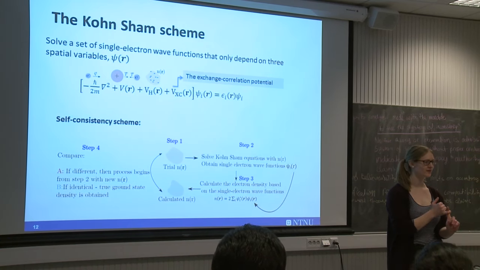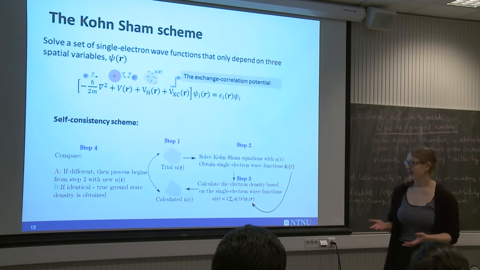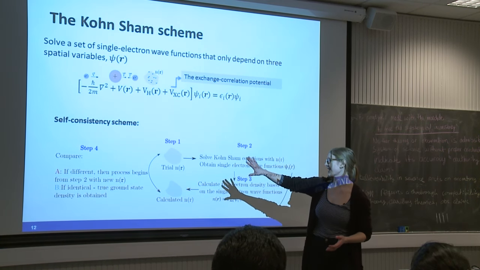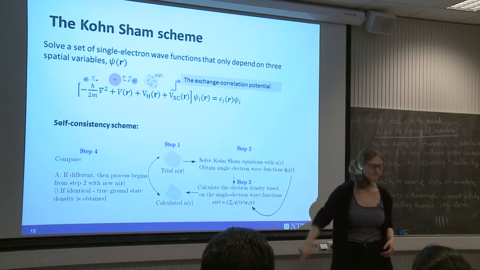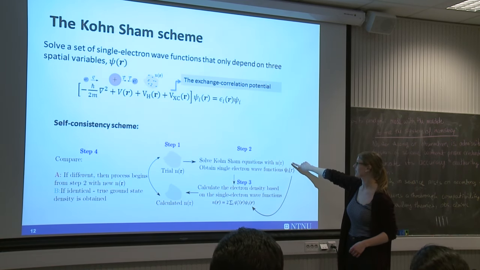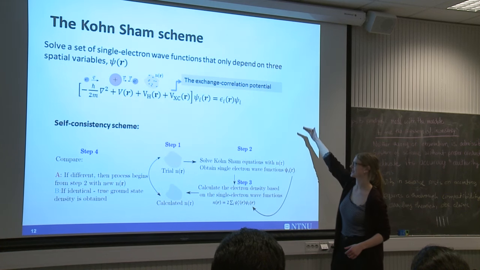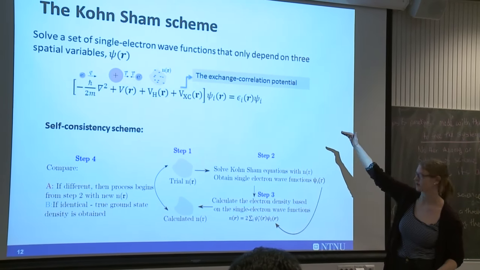The first thing we do, we just guess some electron density. And so we make a trial electron density. And we put that into our Hamiltonian here. And then we solve the Kohn-Sham equations, which is this set of equations here. So one equation for each electron.